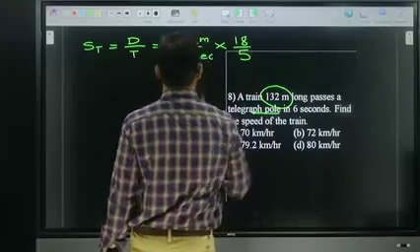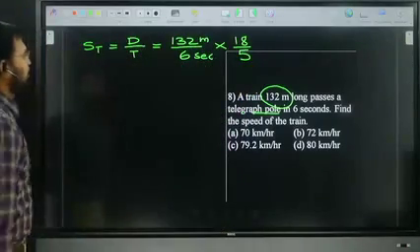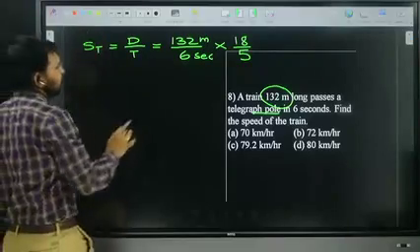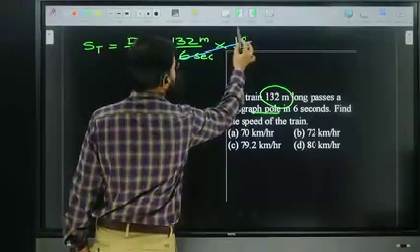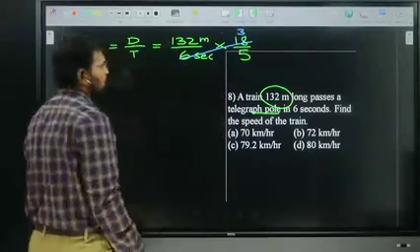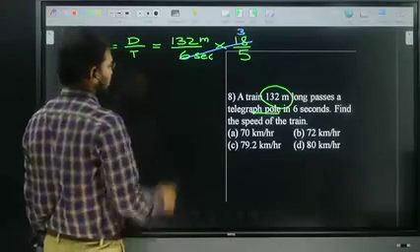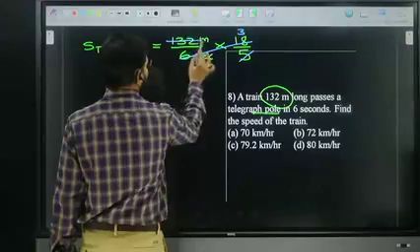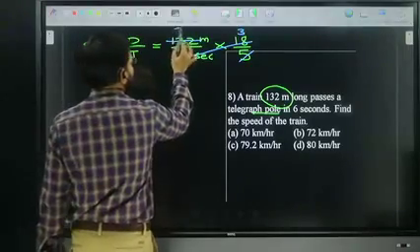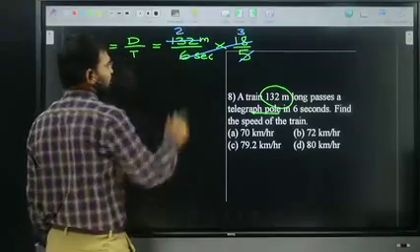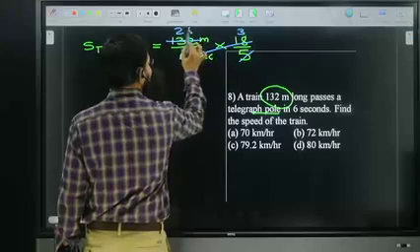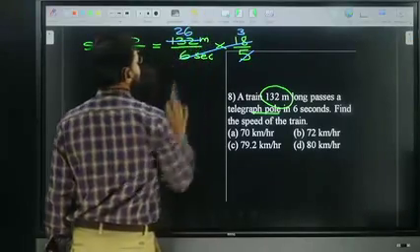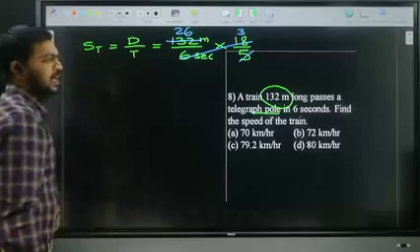18 by 5. So look at me, all of you. Dividing 132 by 6 gives 22, then 22 times 18 by 5. 5 twos are 10, 5 sixes are 30, so 5 times 26 is 130.